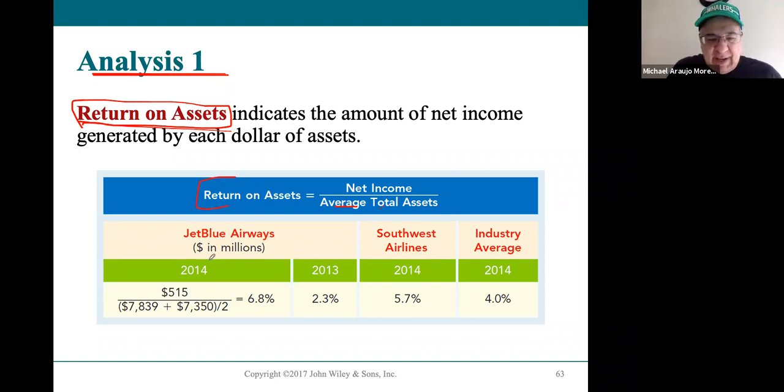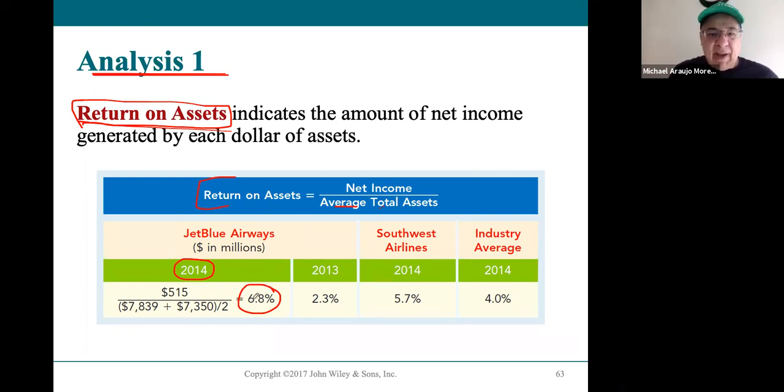So here we have some data on JetBlue for 2014. They had a $515 million profit on about $7.5 billion of average total assets. So 6.8% return on assets means that for every dollar in total assets, it's generating almost a 7-cent profit, which is fantastic.